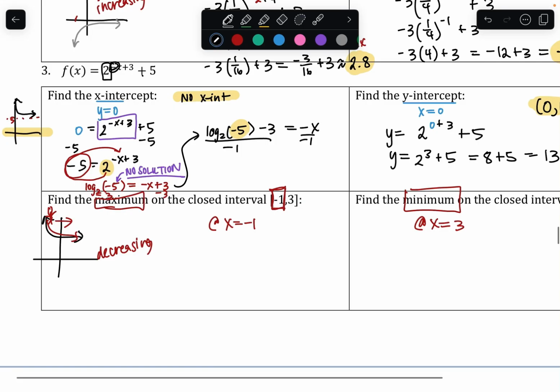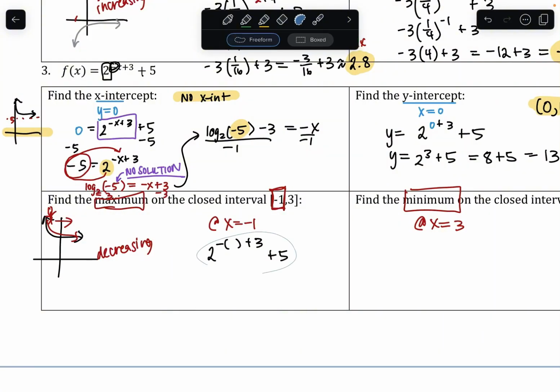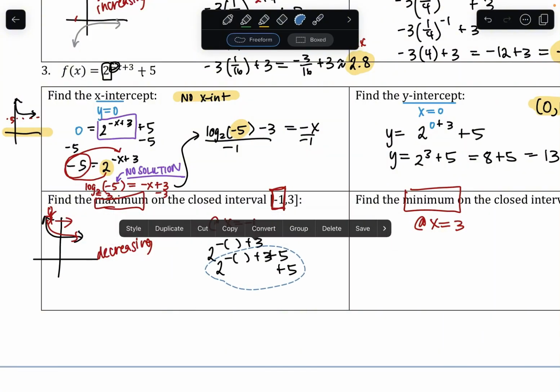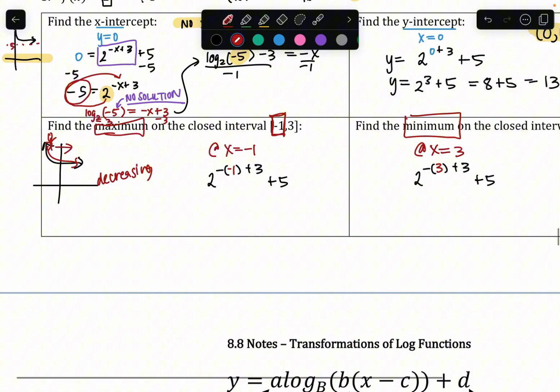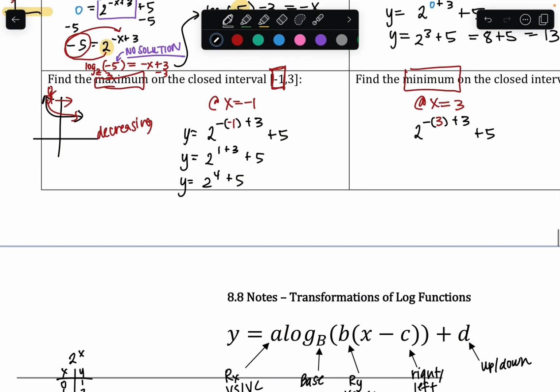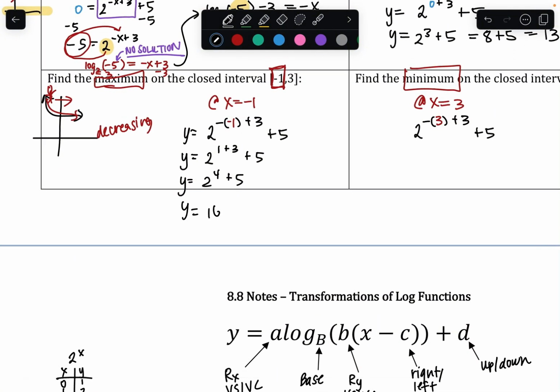Okay, and so taking our function 2 to the negative x plus 3 plus 5. Okay, and so plugging in the -1, plugging in the +3. And so for the -1, we get 2 to the -1, which is +1, plus 3, which is 2 to the 4th, and then the +5. 2 to the 4th is just 16, plus 5 is 21.